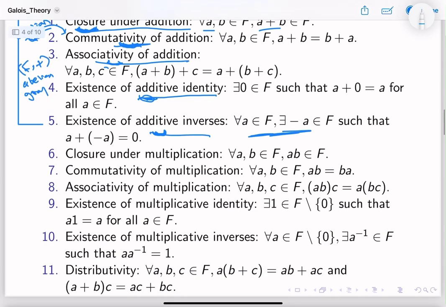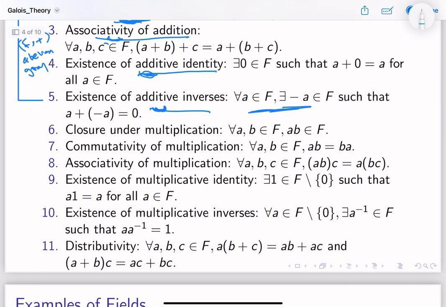And we also require that F take away 0 is a group under multiplication. So this would make F take away 0 with the multiplication an abelian group. Again, we require associativity of the multiplication. We require the existence of multiplicative identity and the existence of multiplicative inverses.